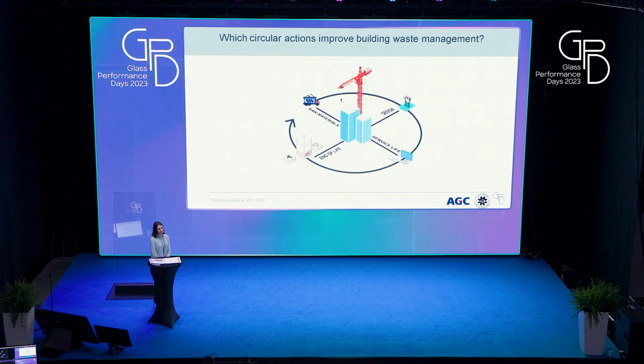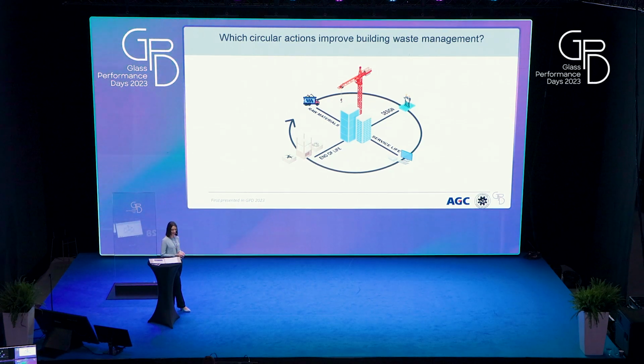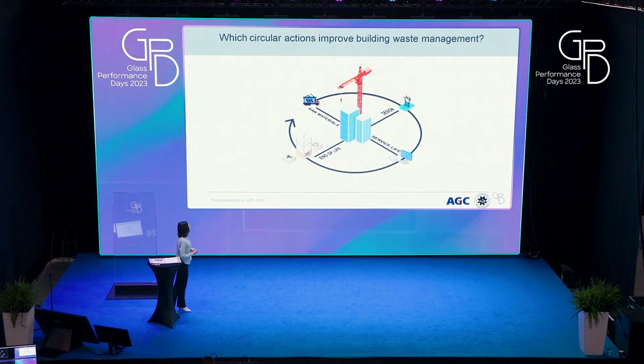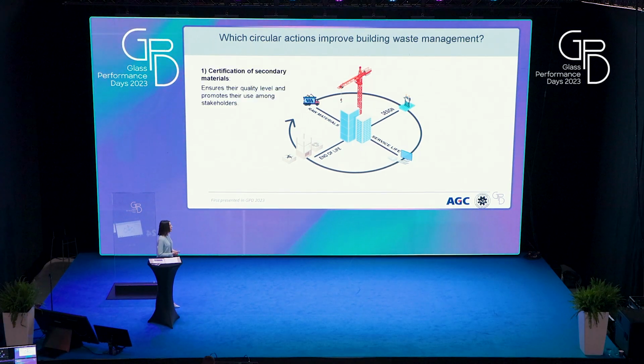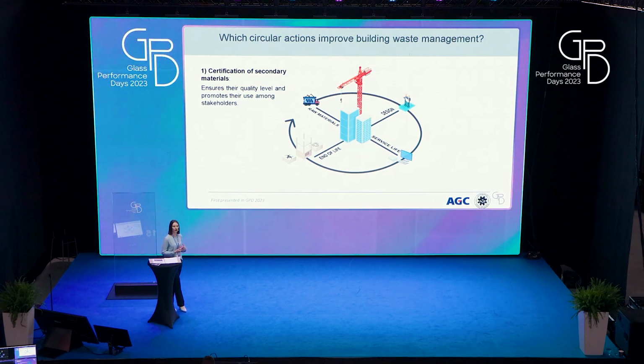Applying these circular actions to the management of construction and demolition waste could be done throughout every different stage of the building life cycle. Starting from the procurement of raw materials, whenever we decide to reuse a component or a material, we should have a certification of these secondary materials in order to have a sort of warranty about its quality and to promote its use among the stakeholders.